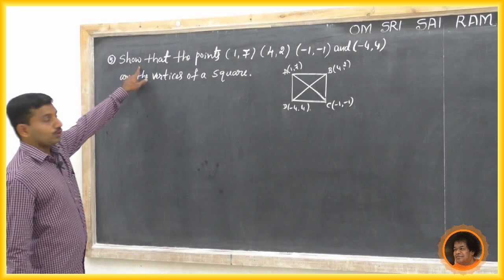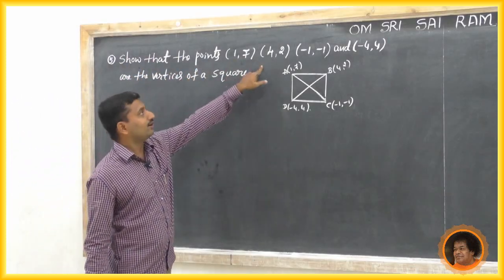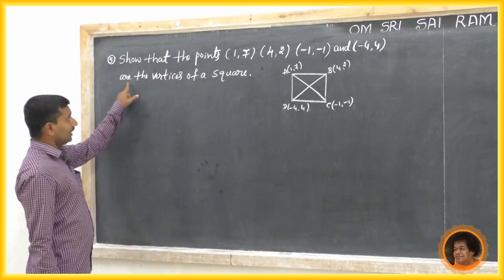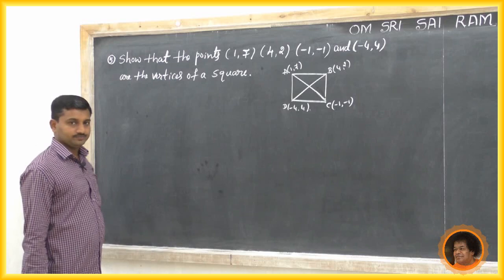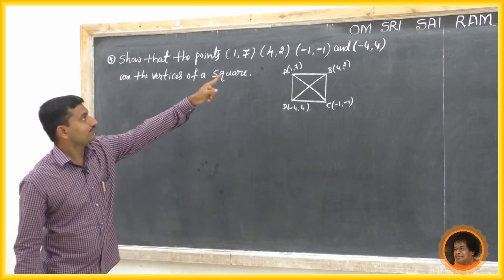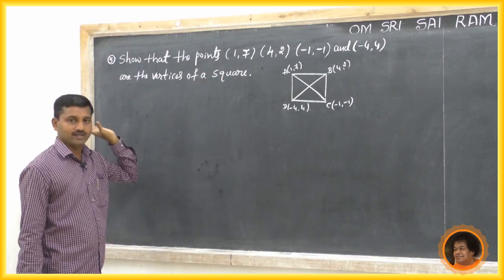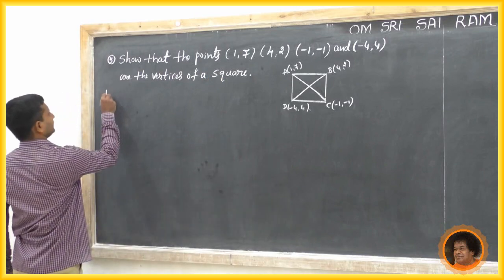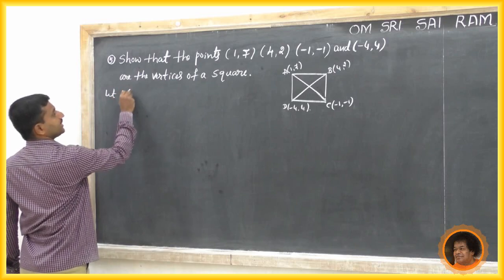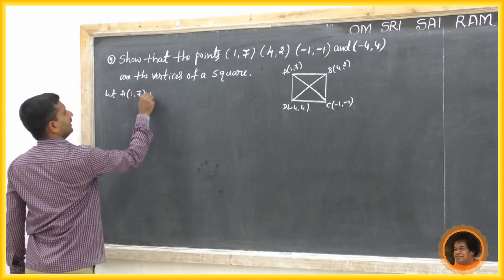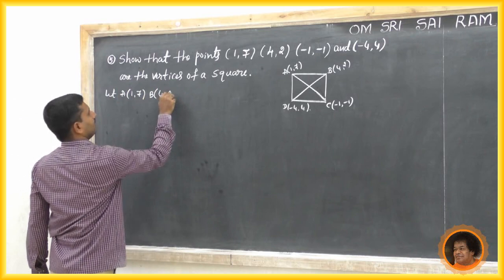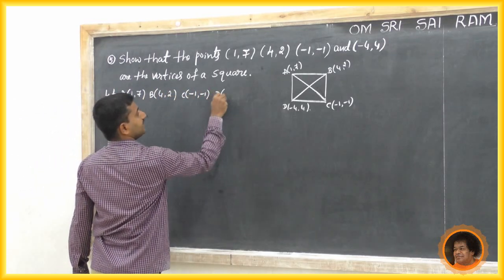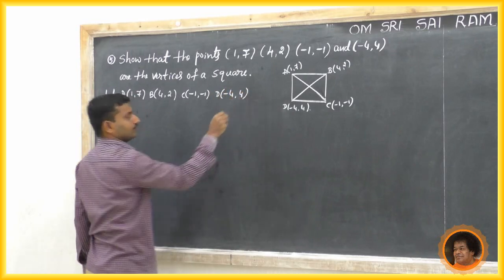Next question: show that the points (1, 7), (4, 2), (-1, -1) and (-4, 4) are the vertices of a square. We have to prove these are the vertices of a square. So how to prove? What is the condition? Let the coordinates of the points be A (1, 7), B (4, 2), C (-1, -1) and D (-4, 4).